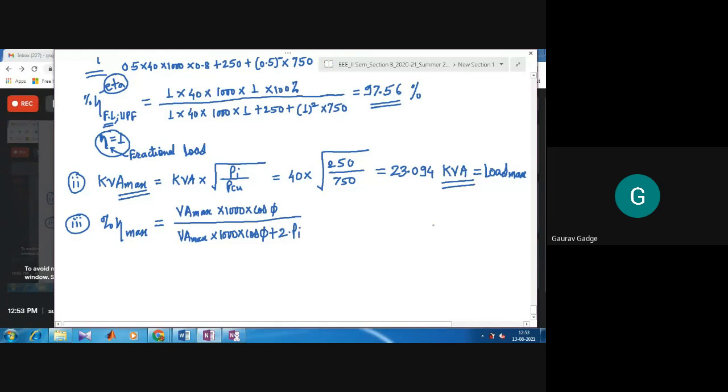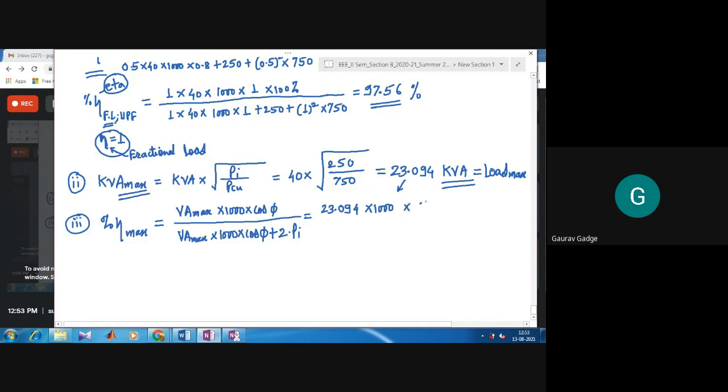Now VA max is already calculated, so put this value 23.094, multiplied by 1000. It is already given in the formula.